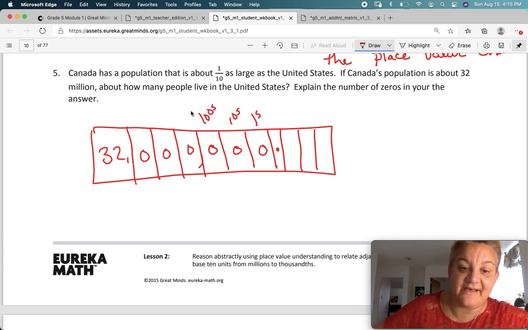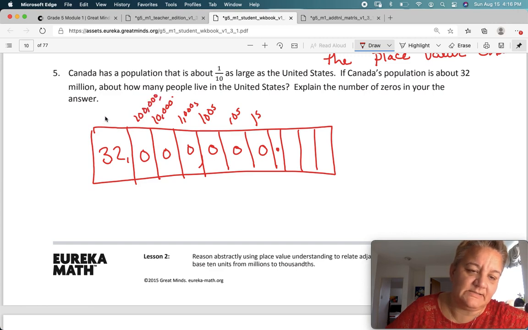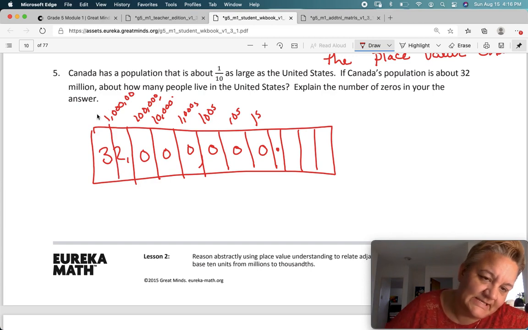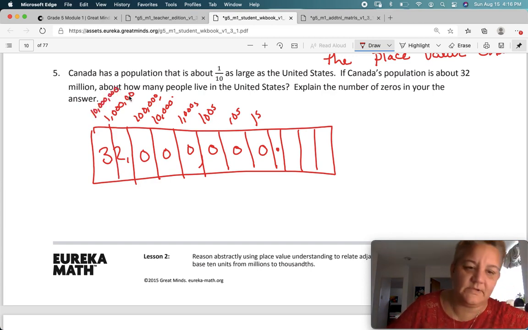That's an S, not a 5. Thousandths, 10,000ths, 100,000ths, and then millions. So this is millions, but if we want to put a line, we can actually call this 10 millions here. All right, so 32 million.